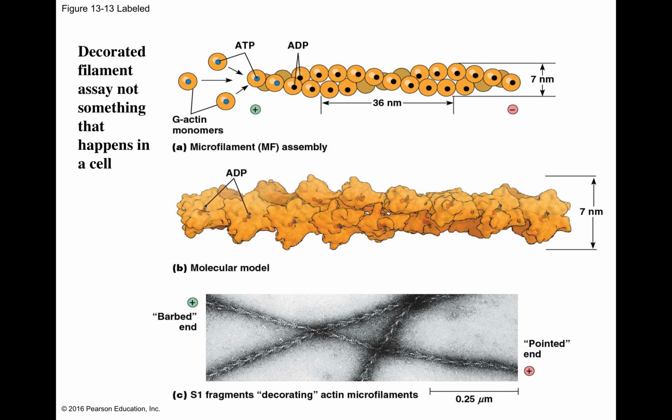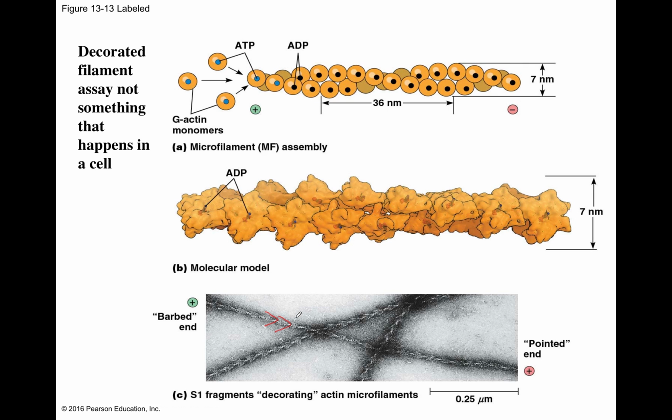There is an assay that you can do in a lab where you add myosin heads to the actin molecules, and they will form this arrowhead sort of structure here. Let's see if I can draw this. So an arrowhead like this. Okay.